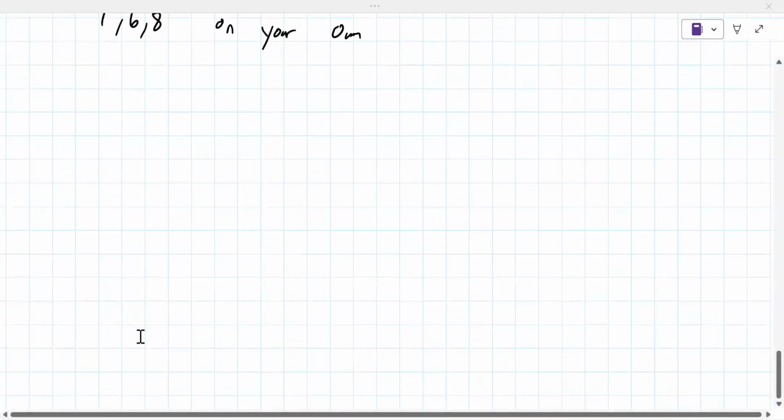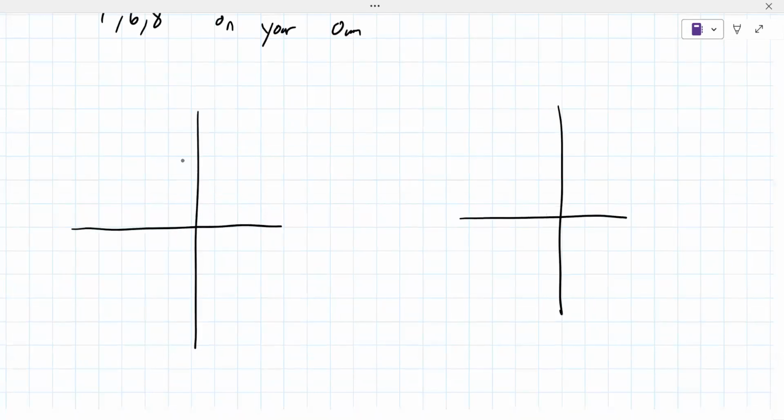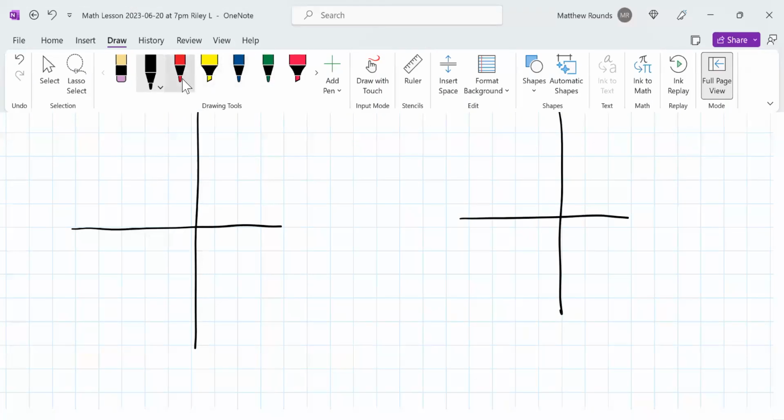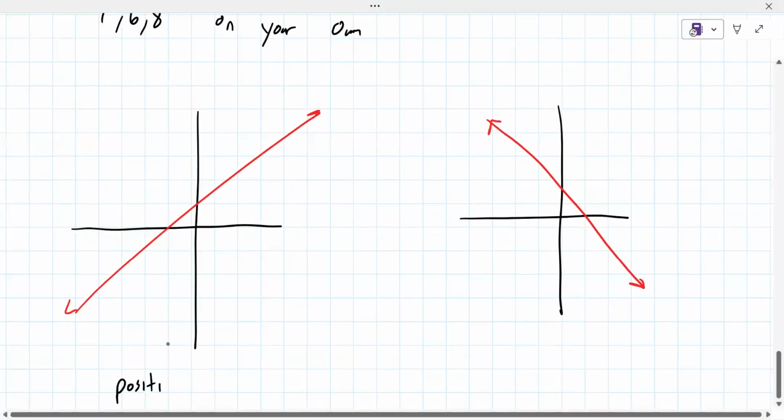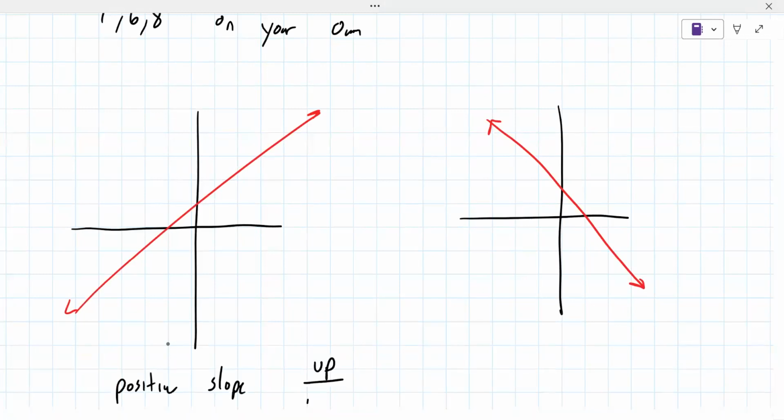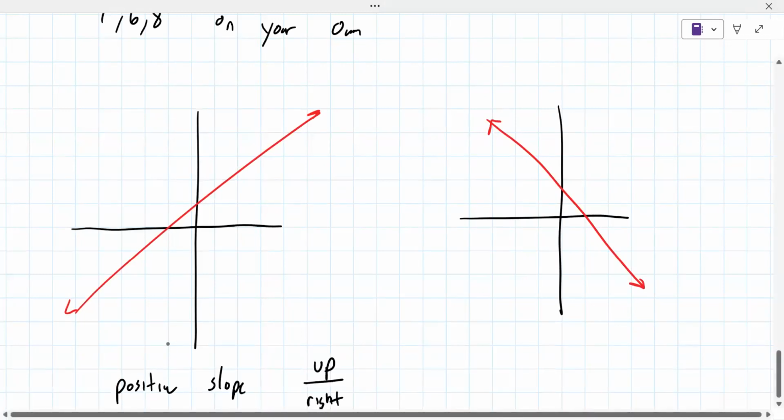We'll go to 10 in a moment, but before we do, I'm going to draw 2 graphs here. The one on the left here and the one on the right here. The one on the left has a positive slope. The reason it has a positive slope is because it goes up and to the right.